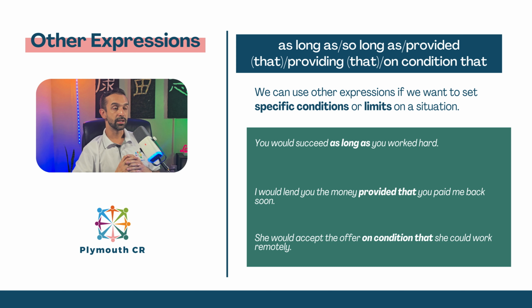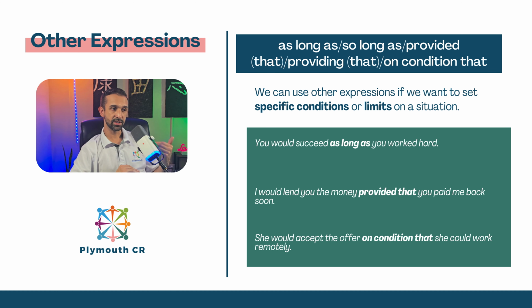But they are used to set more specific conditions or limits to the situation, all right? So we have expressions as long as, so long as, provided or provided that, providing that, or providing, and on condition that.